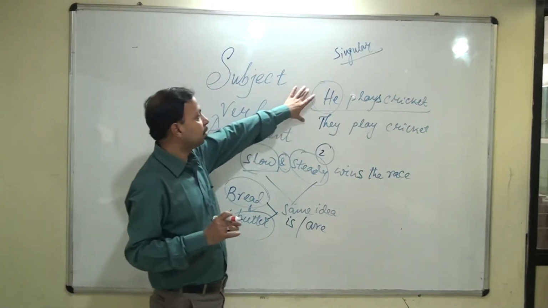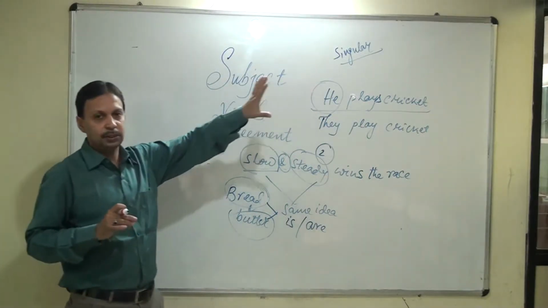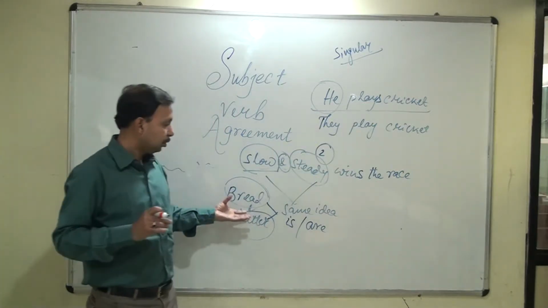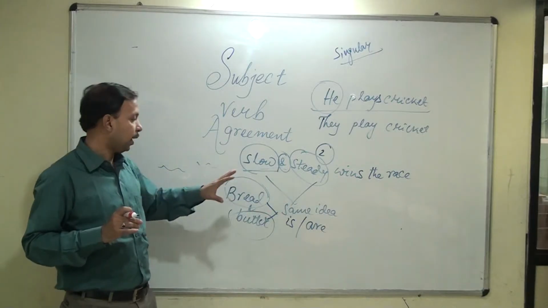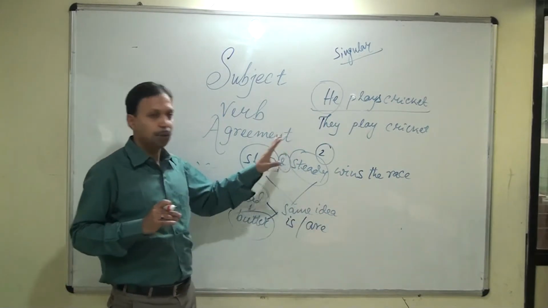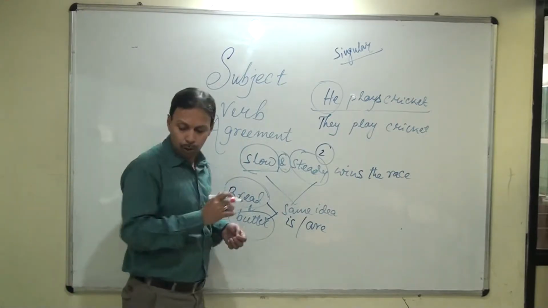So already we have gone through two rules. Just recapitulating the rules. First rule says that singular subject takes singular verb and plural subject takes plural verb. And the second one, two different subjects combined with and, referring to the same idea, at that time the verb will be singular. Now rule number 3.